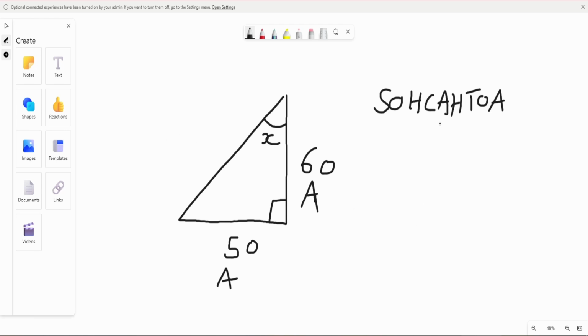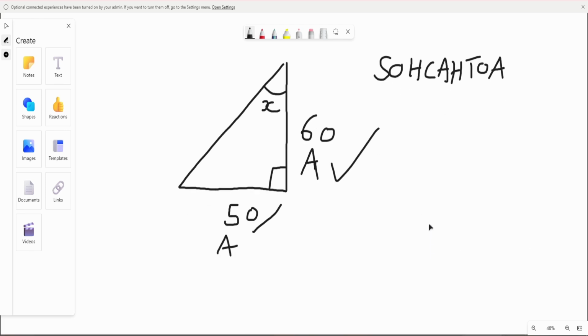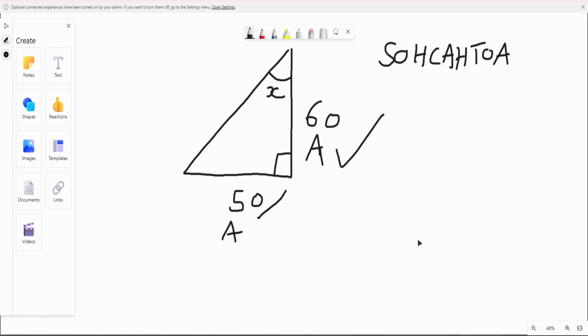Here we have an adjacent, but we don't have the hypotenuse. Here we have the opposite, and we again have the adjacent. So we can use tan to figure the angle out.